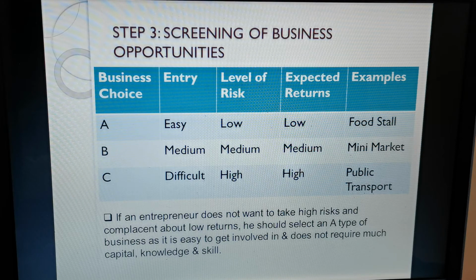Based on expected returns, low risk will have low returns, medium will get medium returns, and high risk will have high expected returns. For example, an easy entry is a food stall, a medium entry is a mini market, and a difficult one is perhaps public transport. So it is very important to decide which kind of entry and level of risk you take.